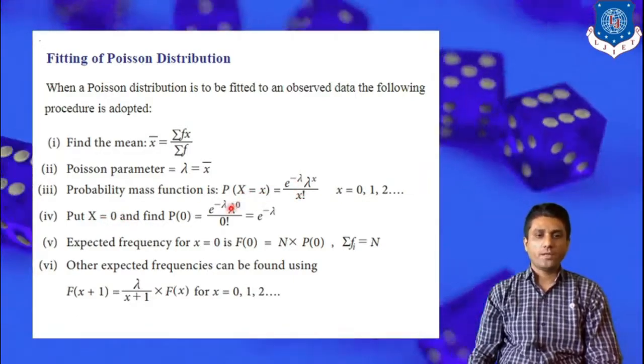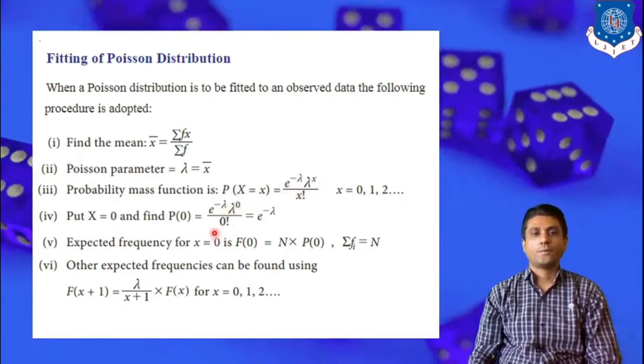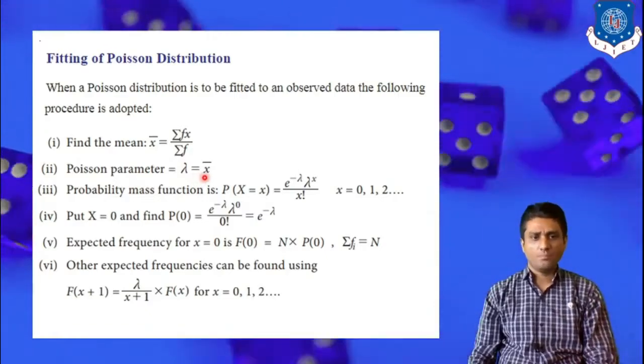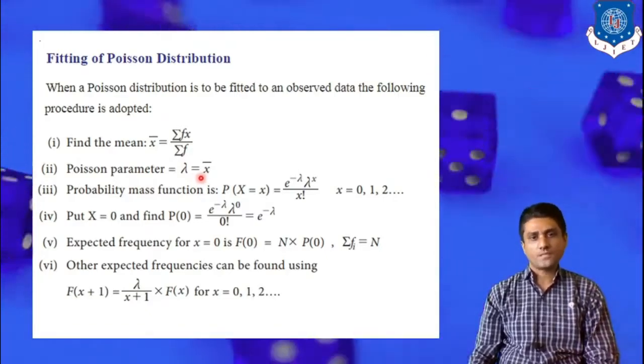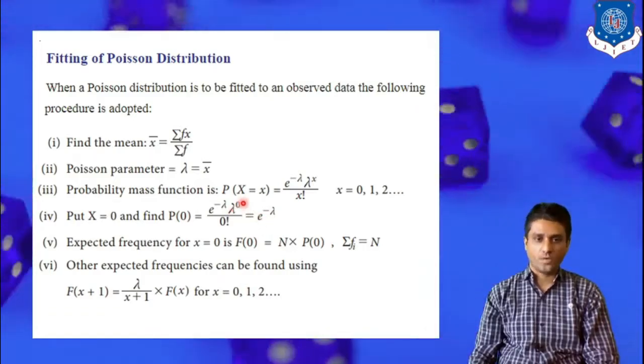So we write e raised to minus lambda, lambda raised to 0, upon 0 factorial. We know that 0 factorial is always 1, and lambda, being the mean, takes a positive value, so lambda raised to 0 is again 1.